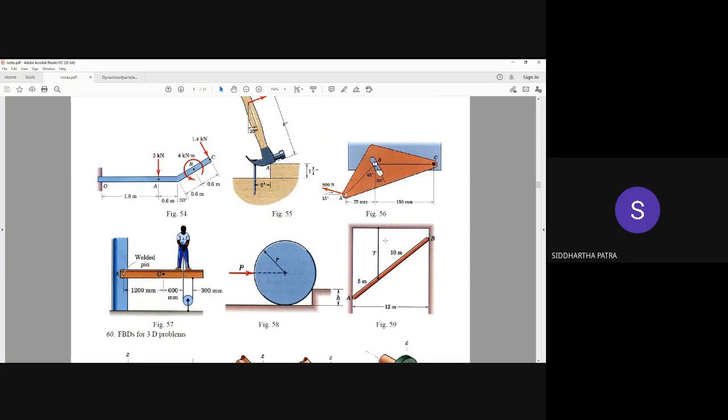At most the supports were removed, but no reaction force or moment was shown. Those are totally incorrect free body diagrams. So my point is the grading has been done accordingly, and it ranges probably between 2 to 9.5 or something out of 10.